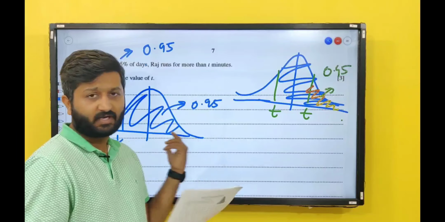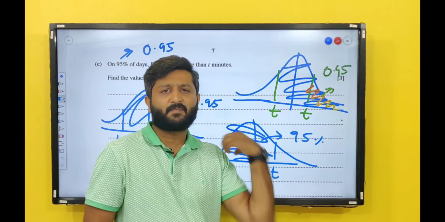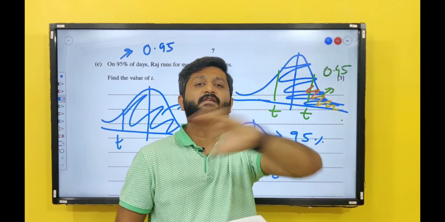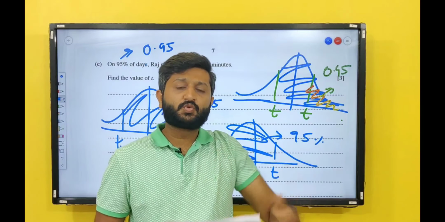So what do we do? Let me take the reflection of this graph, and this is my t. If this is my 95%, this is also going to be 95%. Using the critical table which we have at the bottom, the critical value of 0.95 is 1.645. So my t is going to be 1.645 because my probability is 95%, which is 0.95. Now we are doing the reverse of that. Usually we have the value of z and we find the probability.